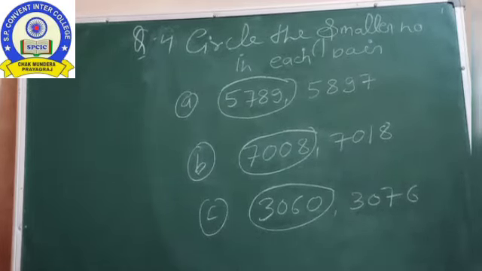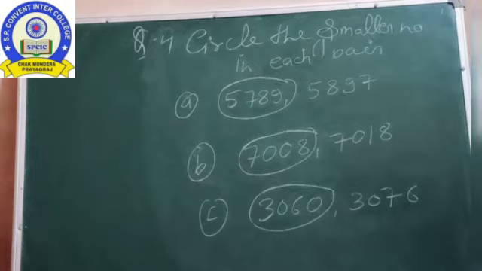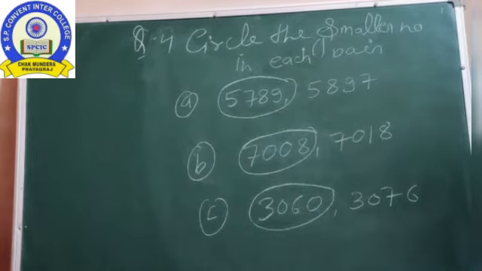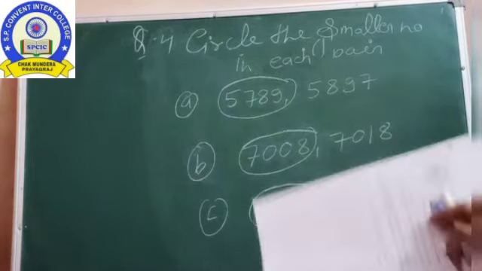Now question number 7. Solve the following problem. First question: Sahil has 1398 cows on his farm. Sahil has 1398 cows and Kabir has 1938 cows. Who has more cows on his farm? It means, look, how many cows does Sahil have?